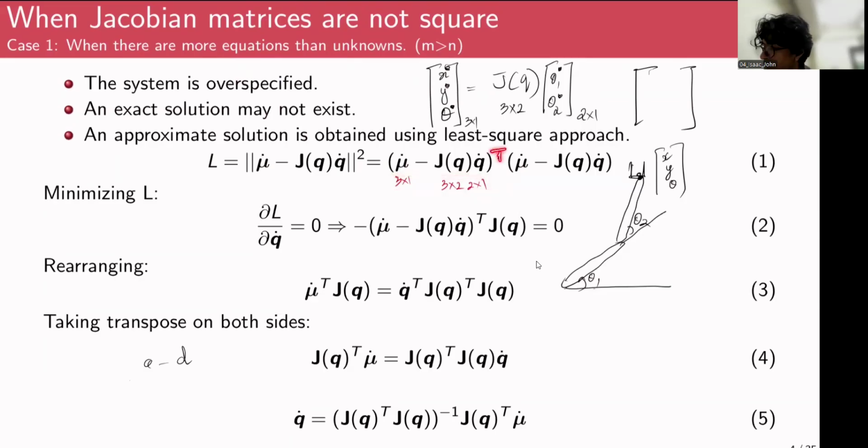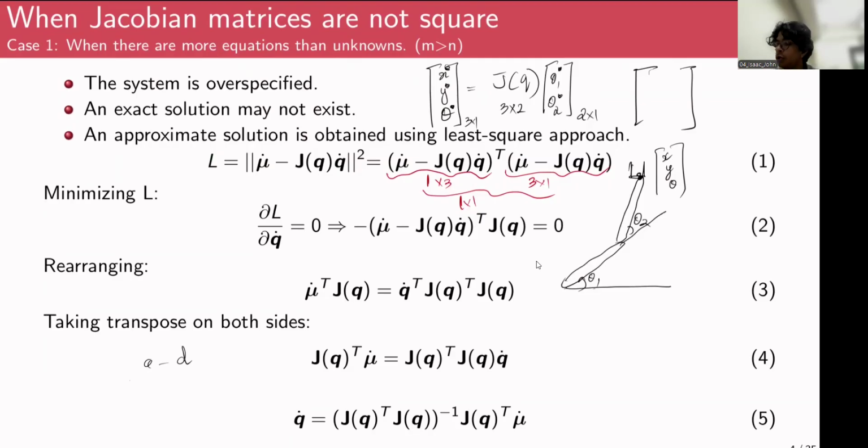If you take the transpose of it, it becomes a 1 cross 3 vector. So I'll write the dimension here as 1 cross 3 for this entire term, and for this term, the dimension would be 3 cross 1. Combine it, and you will get a 1 cross 1, which is nothing but a scalar. So the dimension of your objective function is 1 cross 1, which is essentially a scalar.